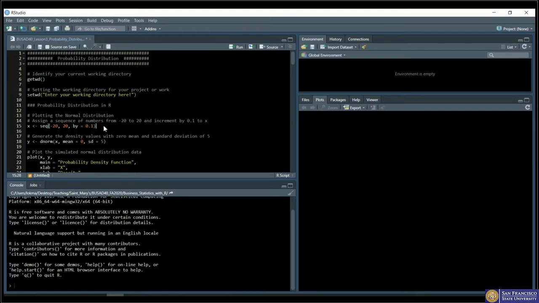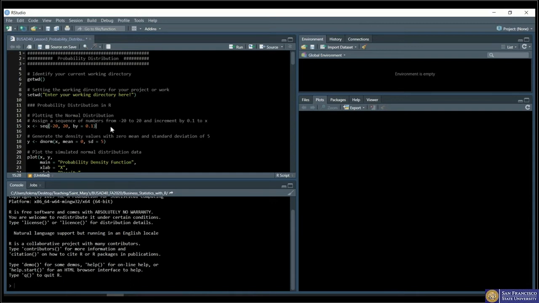First of all, we are going to create the x-axis values. We have intervals going from -20 to 20. We're making a sequence of numbers, and the value will increment by 0.1. So we are creating a lot of numbers here for the x-axis.